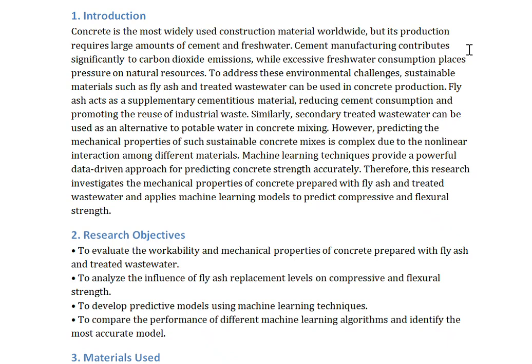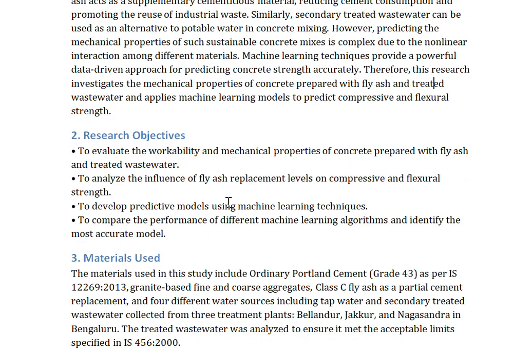Now we will discuss the research objective. What are the major points in my research? Research objective. The first objective is to evaluate the workability and the mechanical properties of the concrete prepared with fly ash and treated wastewater.